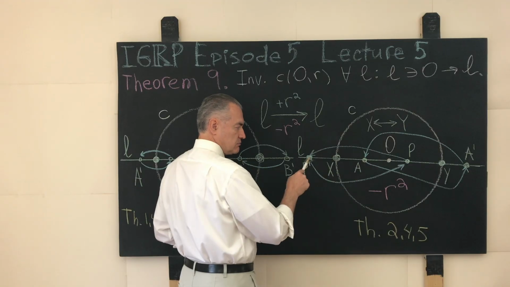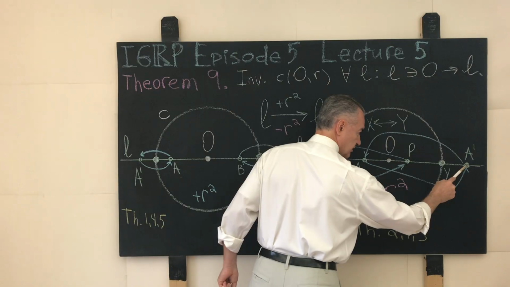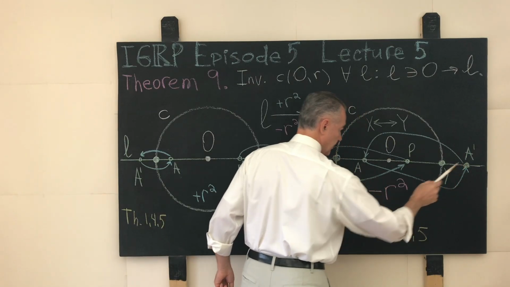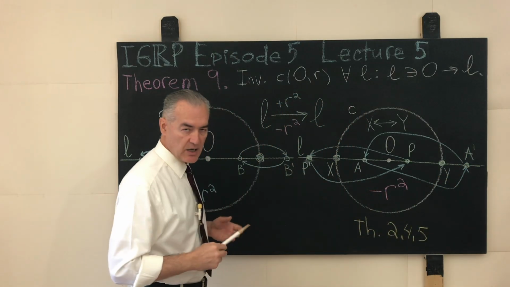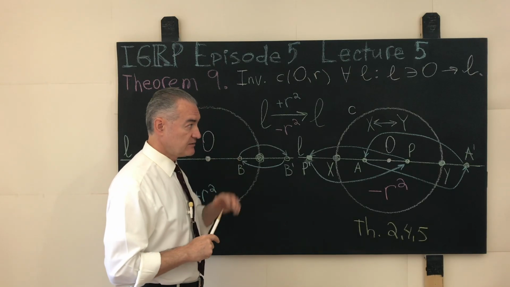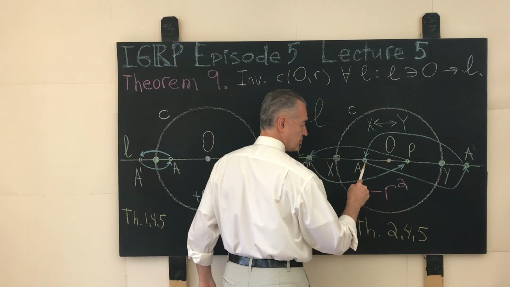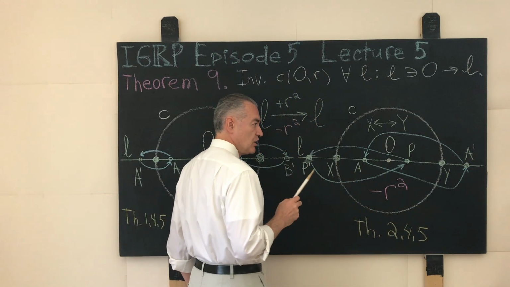are on the straight line L, then the image point A prime has no choice. There is no wiggle room. According to condition 1, definition 1, that point must be collinear with the center of inversion and the pre-image. But here we notice what?